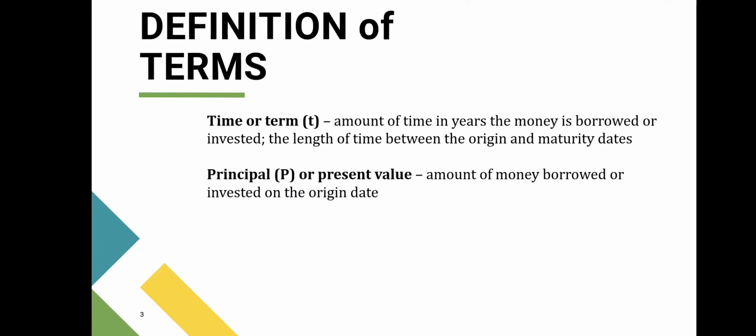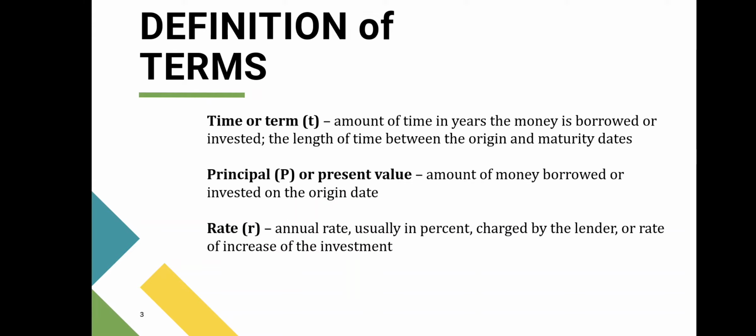Principal or present value, symbolized as P, is the amount of money borrowed or invested on the origin date. The rate, or R, is the annual rate, usually expressed in percent, charged by the lender, or the rate of increase in the investment.